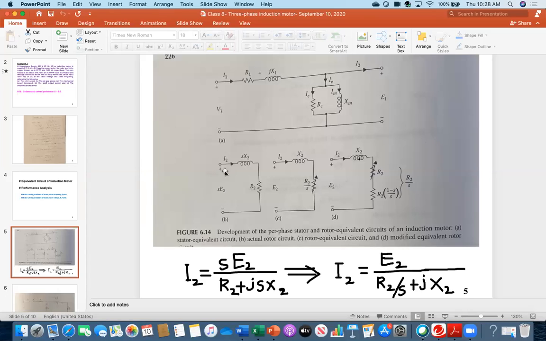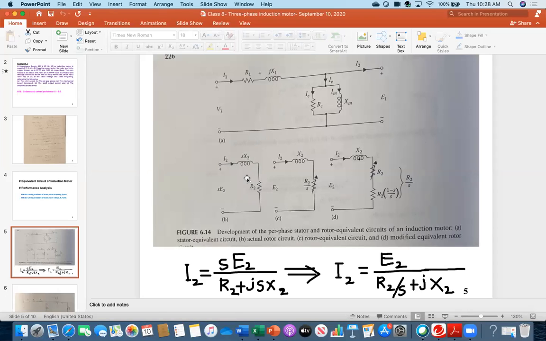And then in the rotor coil, current I2 is flowing. This is rotor resistance. But everybody see what I have written here, sX2. You see the difference. When it was the stator circuit, it has just jX1. There is no s here. Because that slip s is related to the rotor movement.